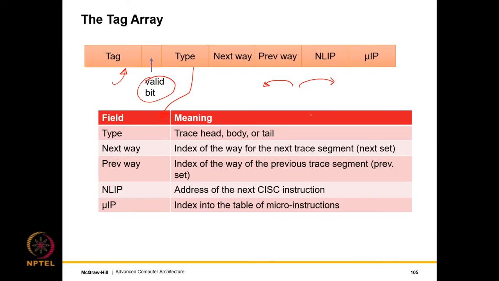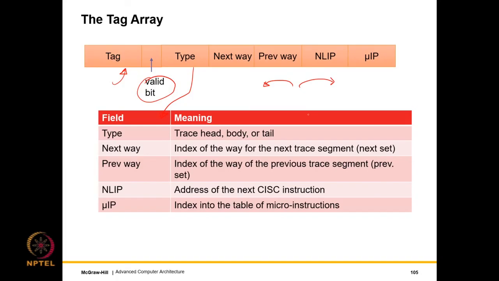NLIP is the address of the next CISC instruction. This is required internally because we would like to know which actual CISC instruction the current one is and the next one is. Also this information is kept because we also want to have address information with the trace, which is important.